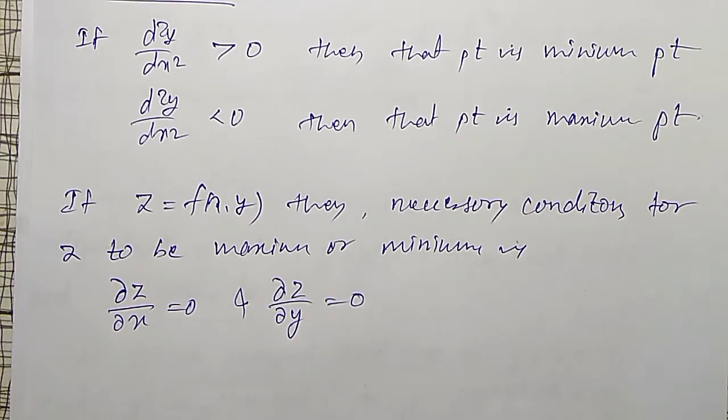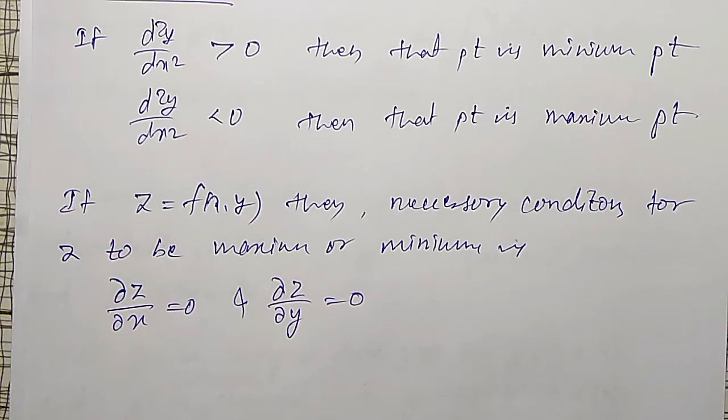Two partial derivatives must be equal to 0. Then we can say it is a maximum or minimum point.